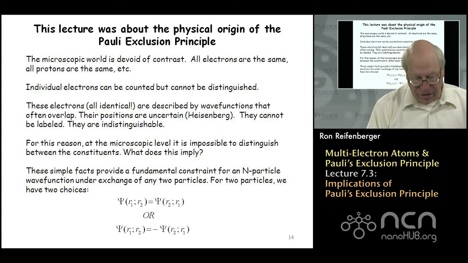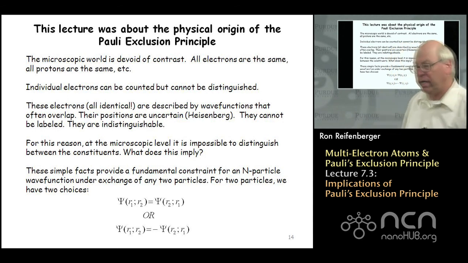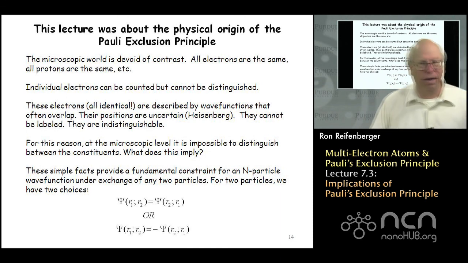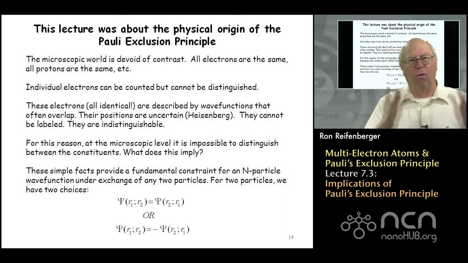And what I'll say is, when you come back, we're going to talk a lot more about what the form of these two wave functions means in terms of proper forms for wave functions for two electrons in atoms.